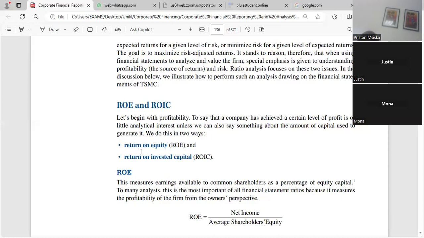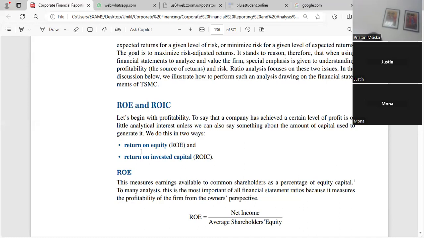It is a relationship between net income and average shareholders' equity. You take the figure you can find from these financial statements, like net income, and divide it by average shareholders' equity.